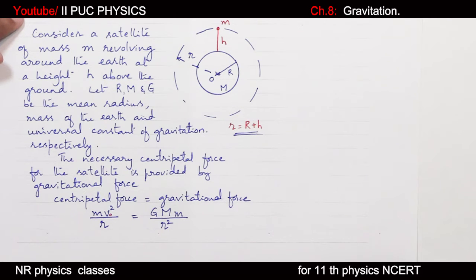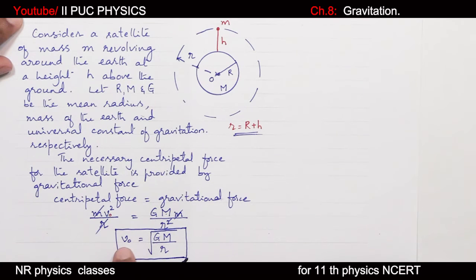Here r cancels with one r. So the expression for V0, orbital velocity, is GMm by r. Here m also cancels, GM by r is v square, therefore it should be square root. So this is the expression for orbital velocity.